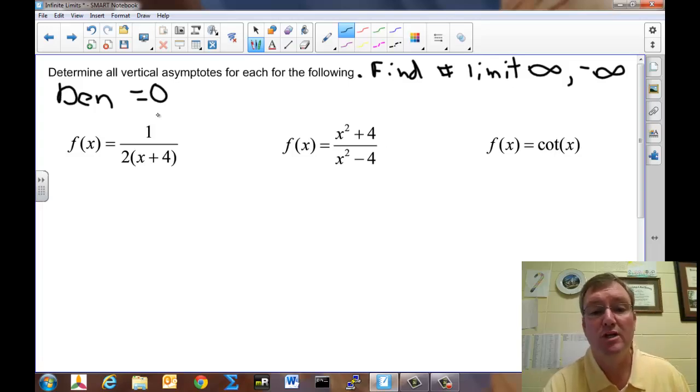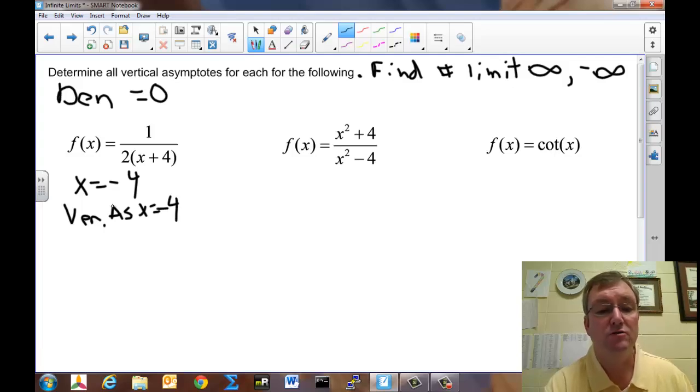For examples where we're given an algebraic problem like these, most of the time it's easier to deal with the denominator being 0. So let's take this first problem. When is this denominator equal to 0? You take the denominator, set it equal to 0, and we find out that it's equal to 0 when x is negative 4. So then we know that we have a vertical asymptote at x equals negative 4.